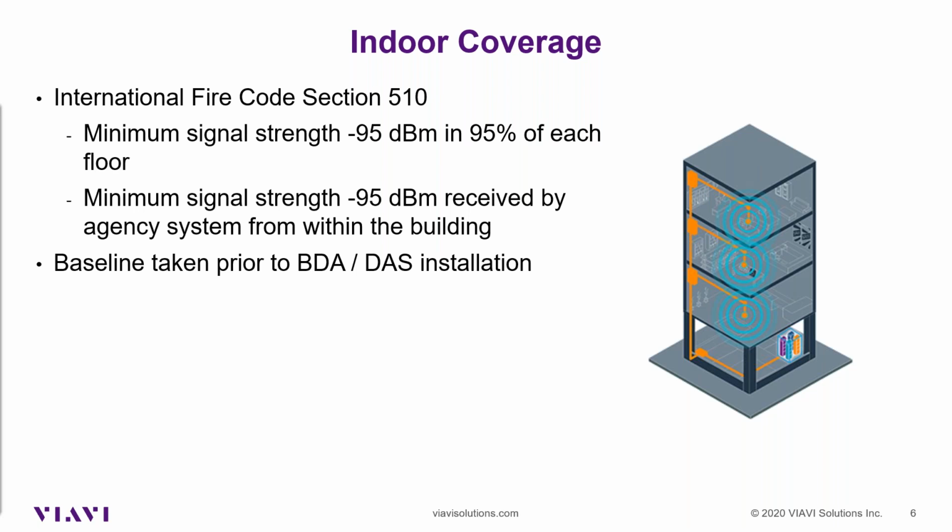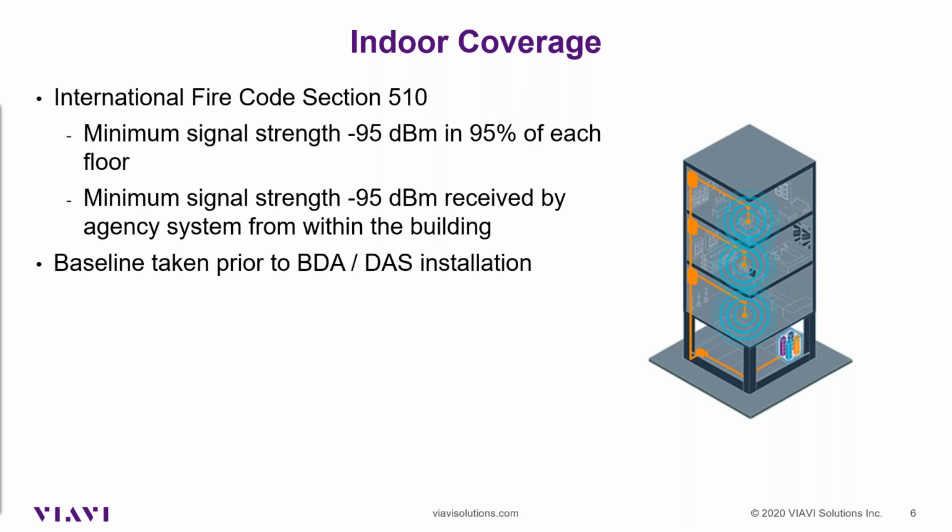That allows us to record the signal level at each of many points throughout the building, and then generate a heat map or a pass-fail map showing where it's good, where it's bad. We can do that prior to the building being opened up, prior to a certificate of occupancy being issued, and determine if in fact it does meet those requirements.